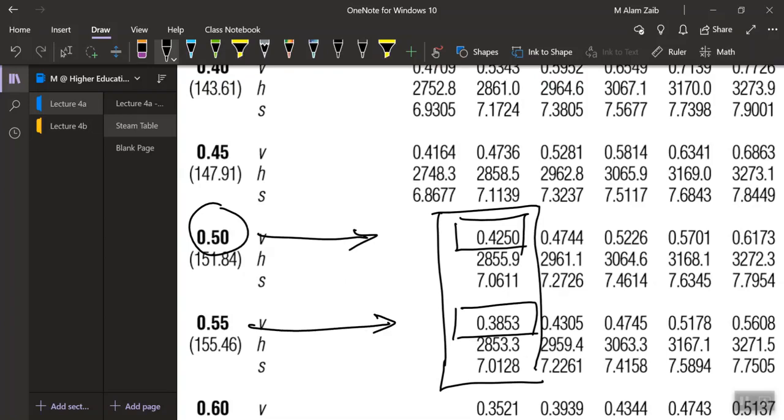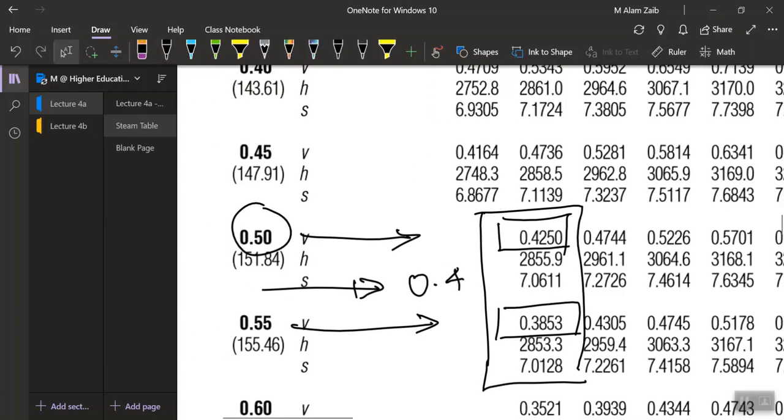So our volume, which is 0.4 cubic meter per kg, is definitely not there. So that means our volume 0.4 is somewhere between a pressure of 0.5 and 0.55. I hope you got the point.